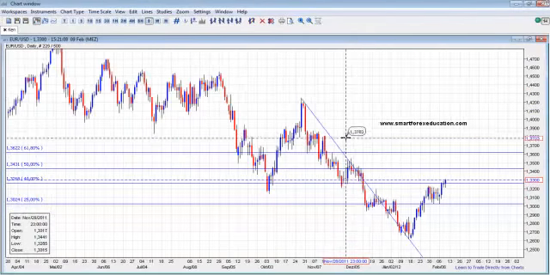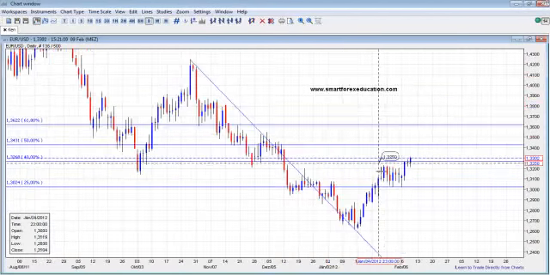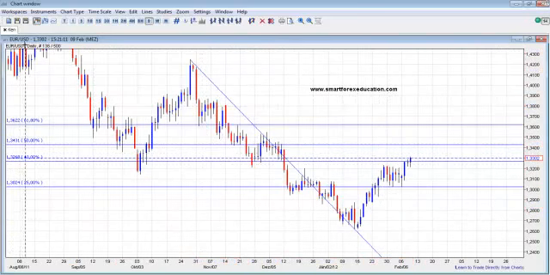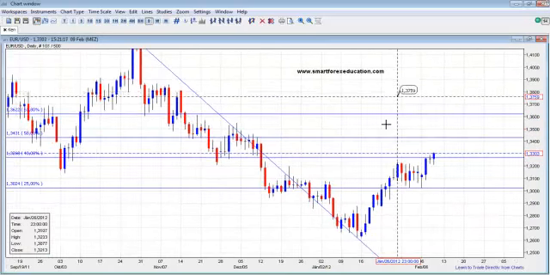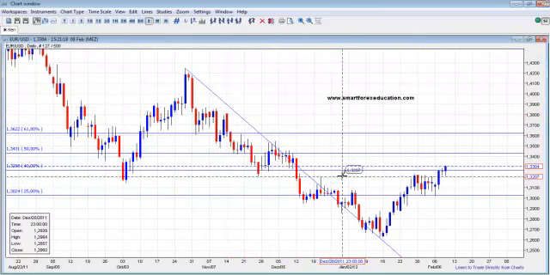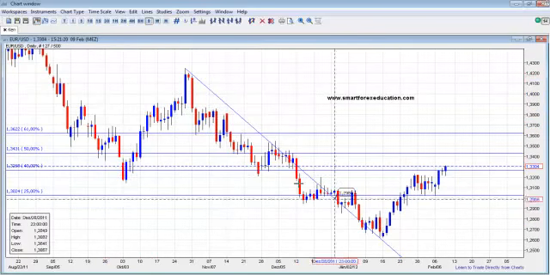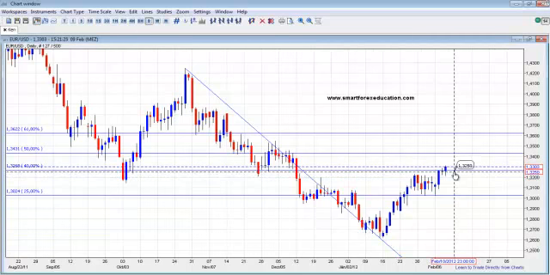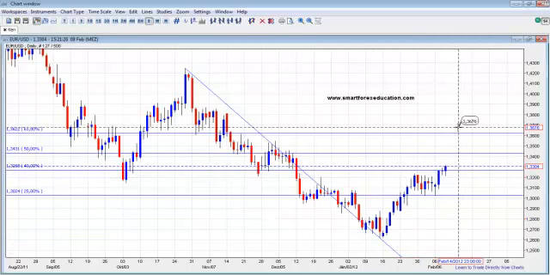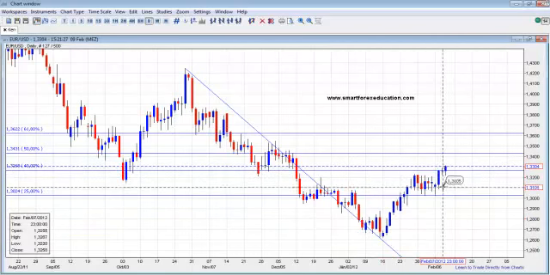But we're now starting to see a very strong pullback in the euro, recovering its losses, and we're trying to identify whether this short-term retracement will be strong enough for a continued move, or we're just looking at a bounce.